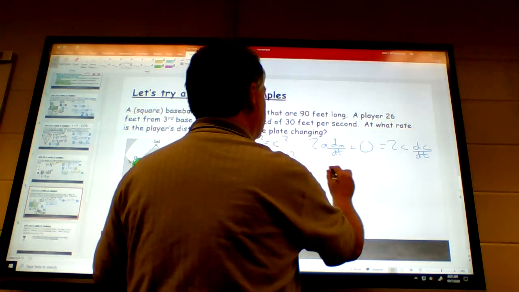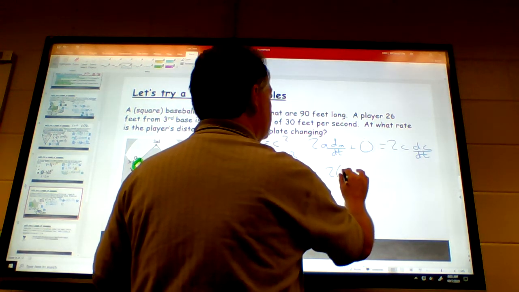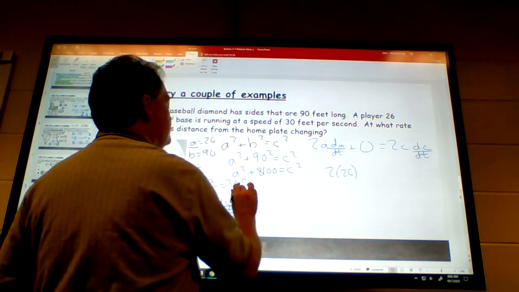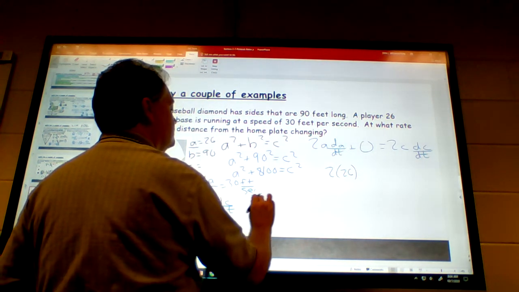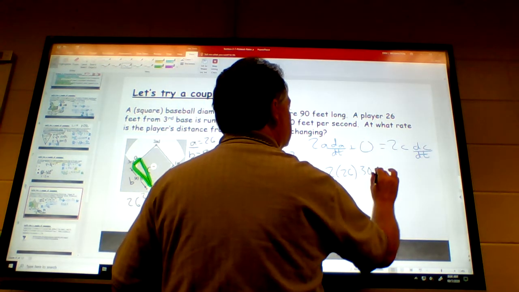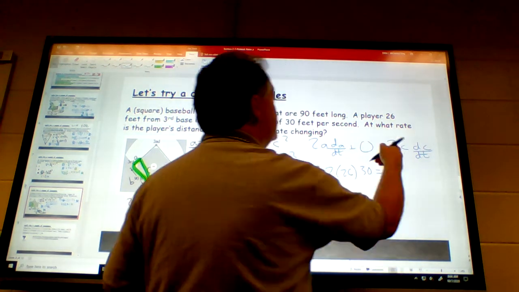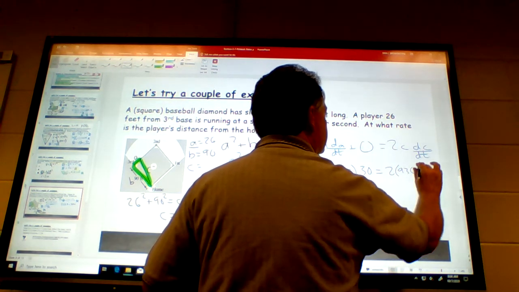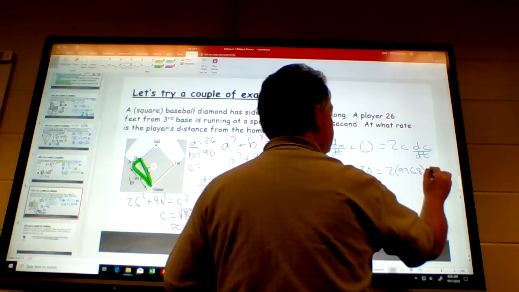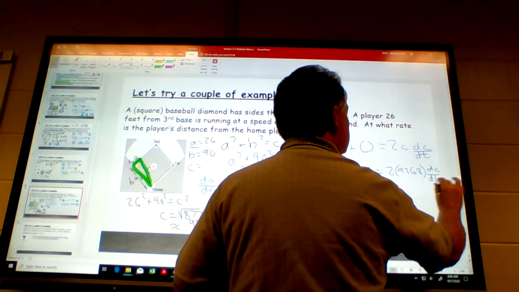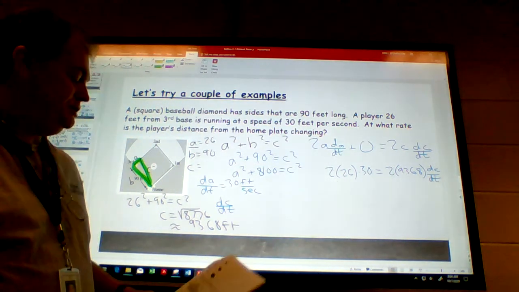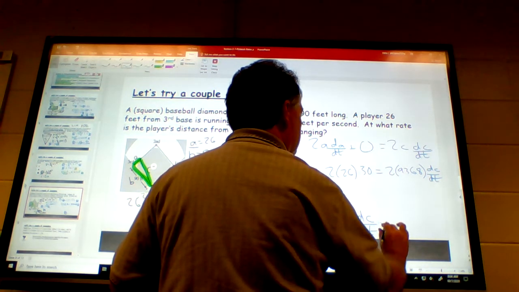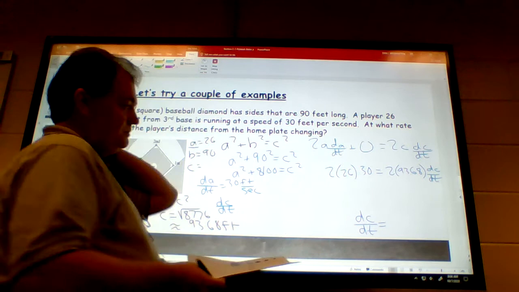We know that 2 times 26, which is A, times dA over dt, which is 30 feet per second, equals 2 times C, which we said was 93.68, times dc over dt, which you can figure out from the algebra. All right, so you can do all that.